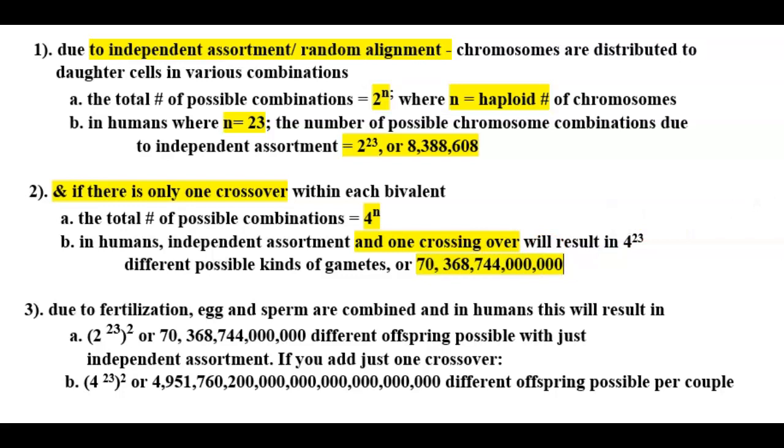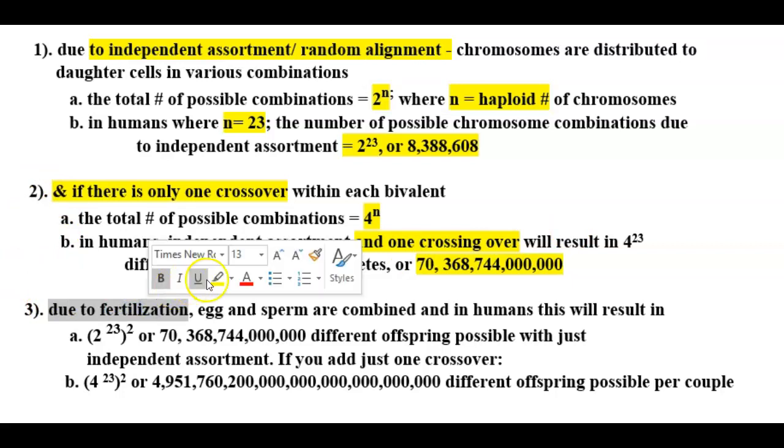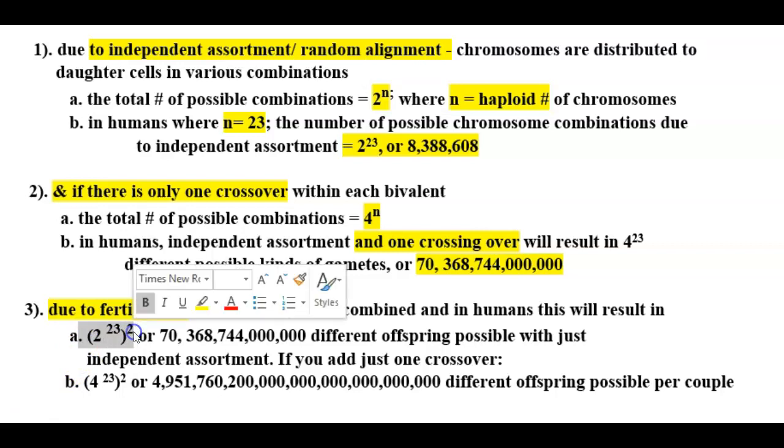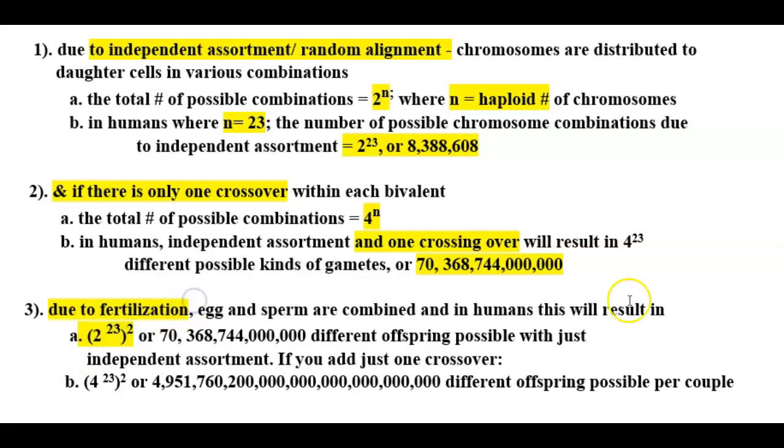So we have random alignment and crossing over. And then, due to fertilization, egg and sperm are combined in humans. This will result in 2 to the 23rd, to the second power. This is just with random alignment, not crossover: here's how many different possible offspring are possible.